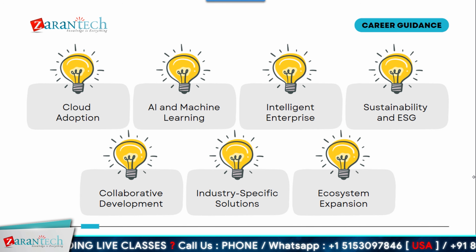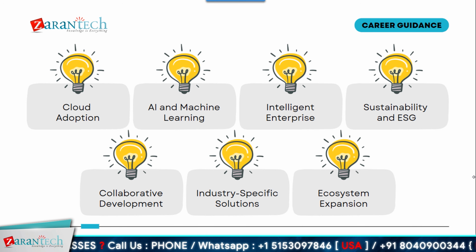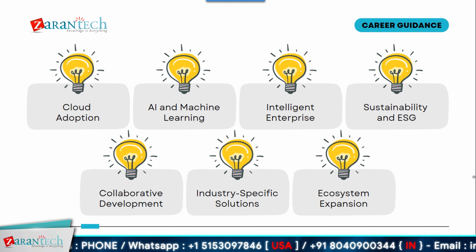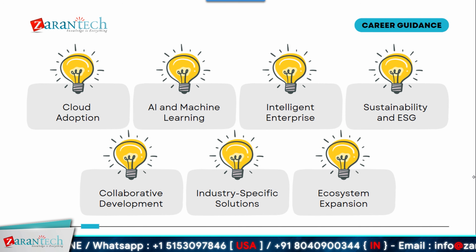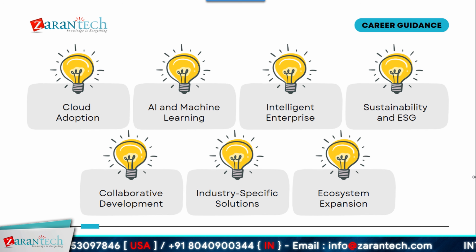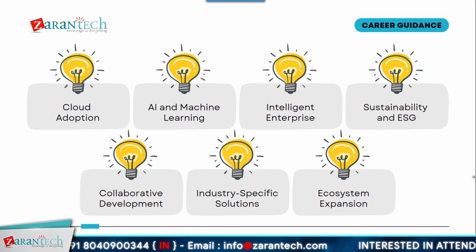It's important to take care of your planet while we do business. SAP is making tools so companies can be more green and good to the world. It's all about doing well by doing good. With collaborative development, anyone can create apps without being a tech whiz. SAP Build makes it super simple. It's like making magic, no wand needed.